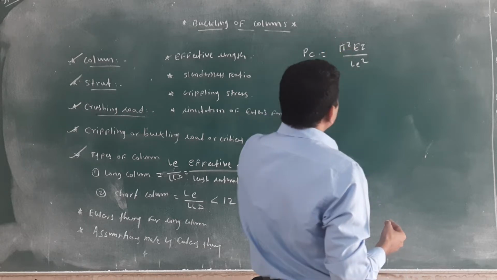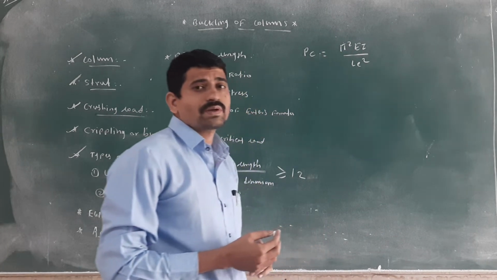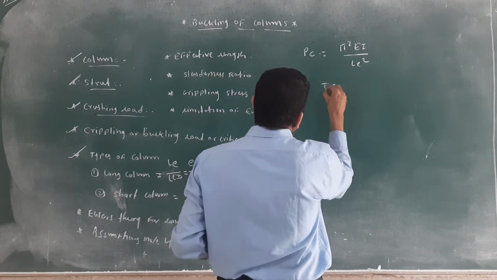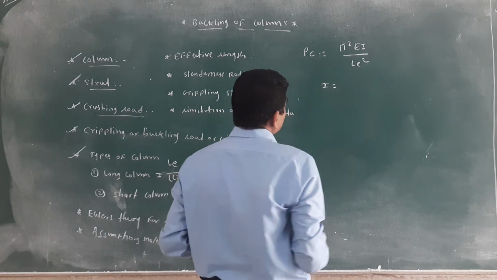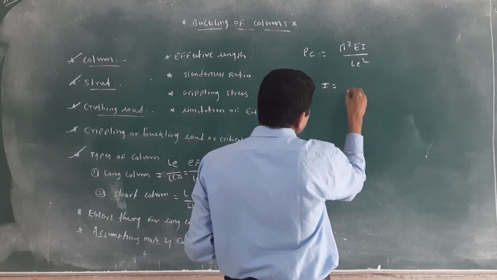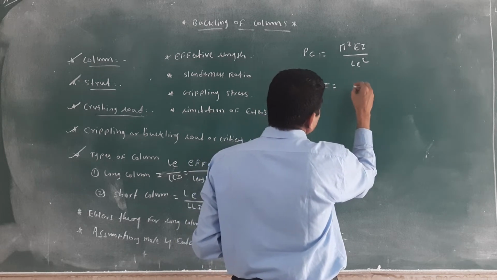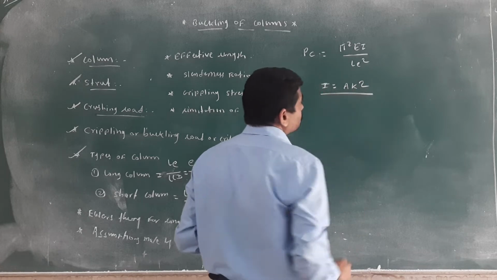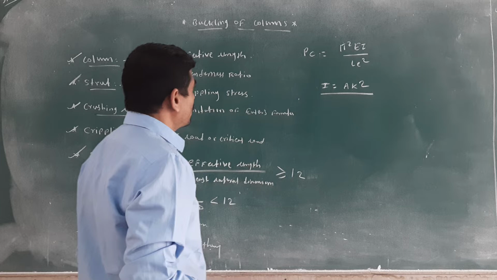E is the Young's modulus or modulus of elasticity. I is the least moment of inertia. In the form of radius of gyration, I is equal to AK square.